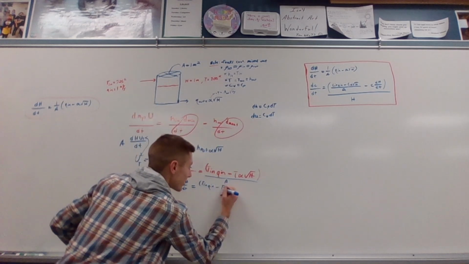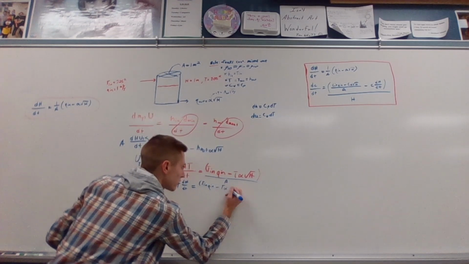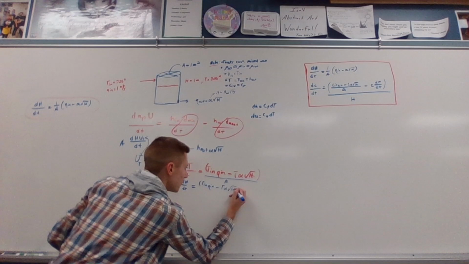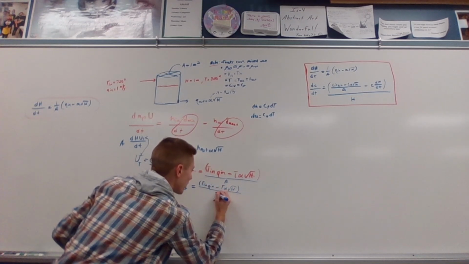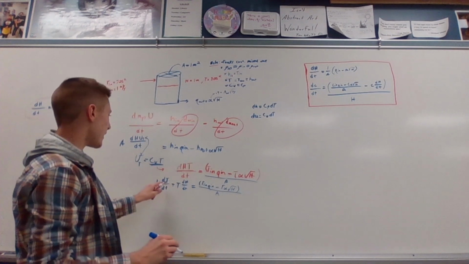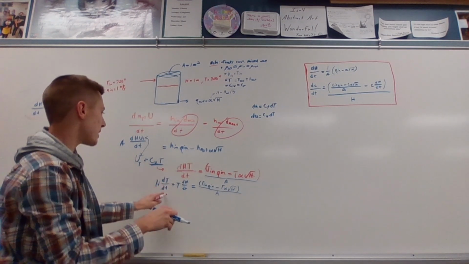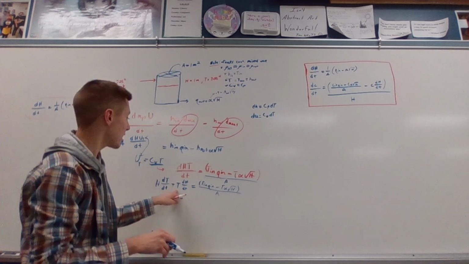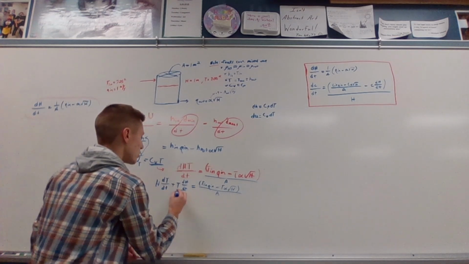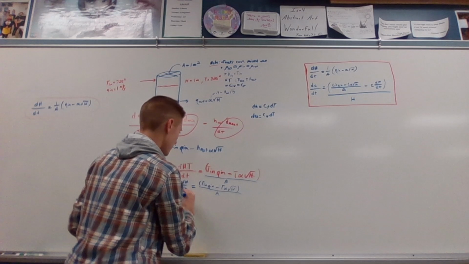So our temperature of the water leaving times our flow rate of the water leaving, divided by our cross-sectional area. We want to get our small change in temperature with respect to small change in time by itself. So let's go ahead and subtract our term right here to the other side and bring it over.